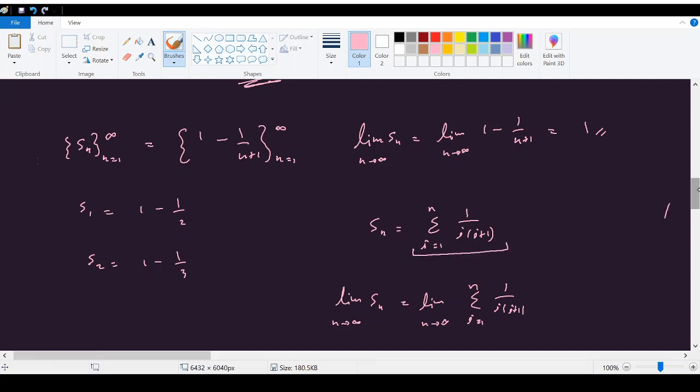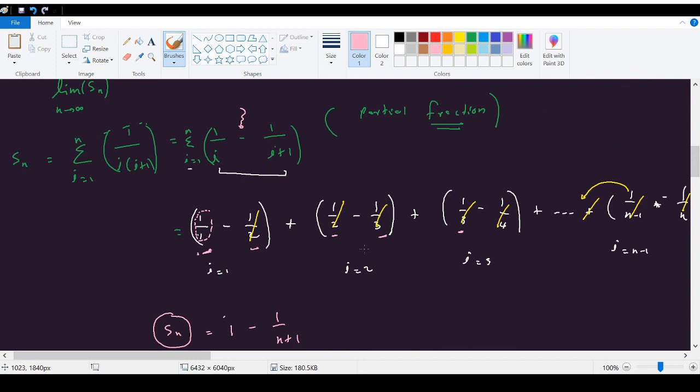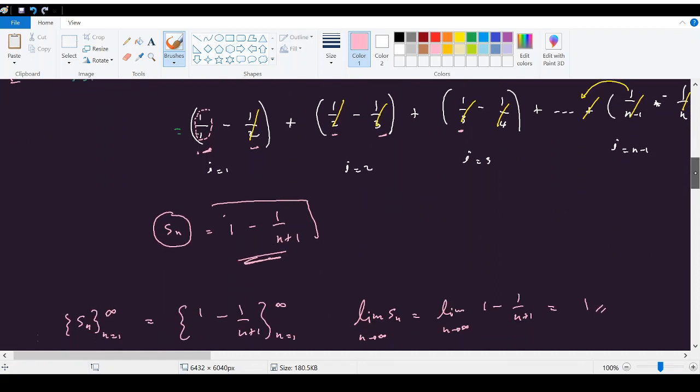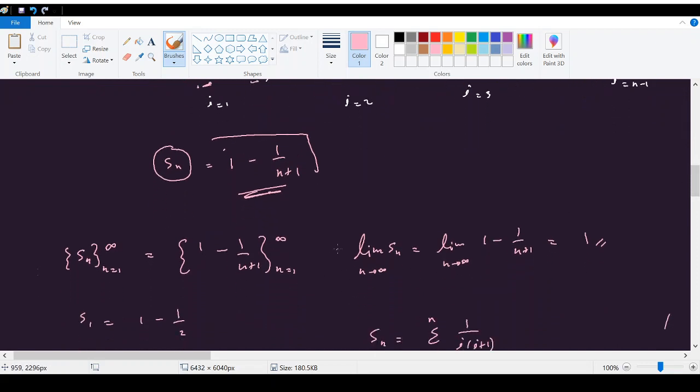That is the reason for doing this sort of a computation at the beginning, and then we simplified, it's like we get rid of this sigma notation in the nth term of the partial sum. So once we do that, we can directly compute the limit of the partial sum.